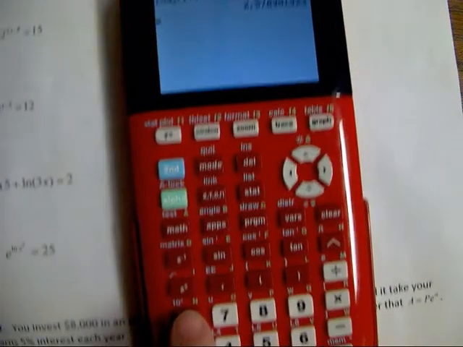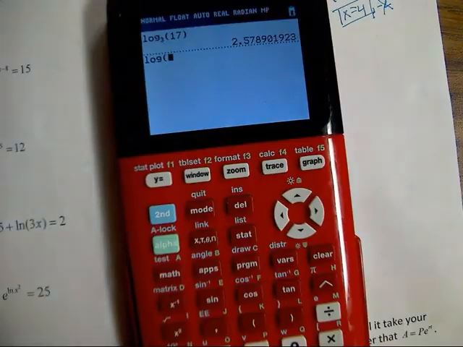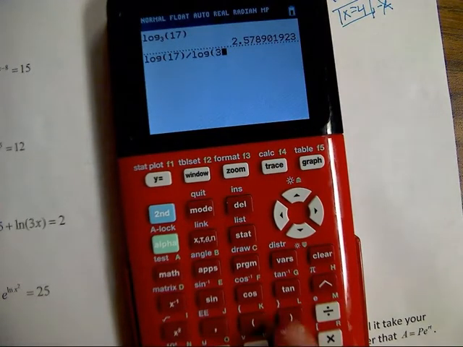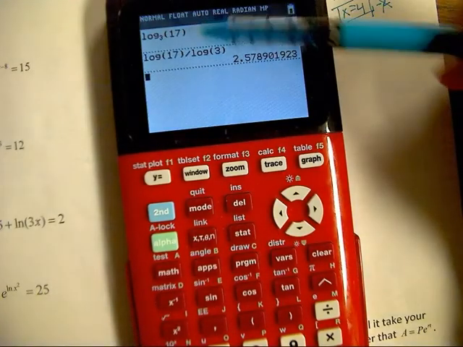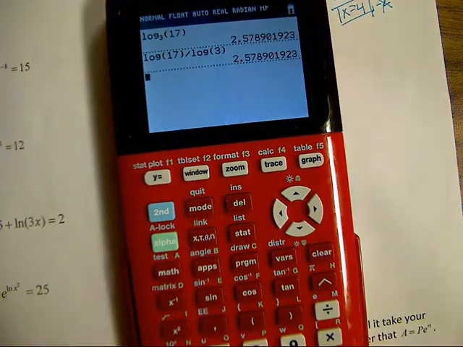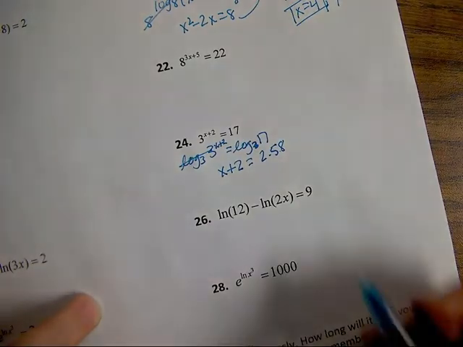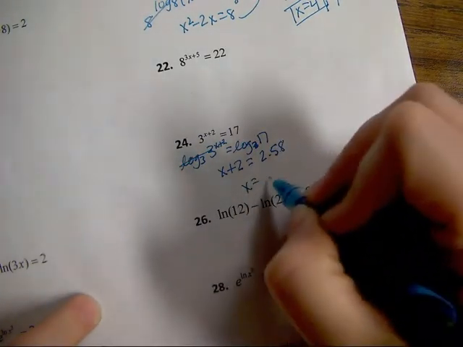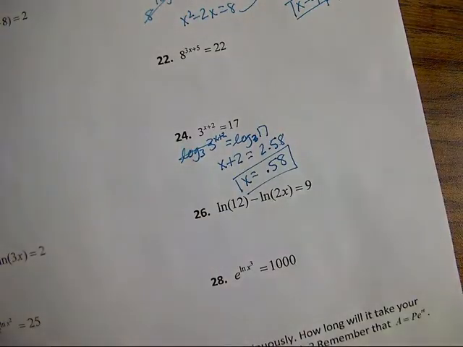You would actually have to push log of 17, and then divide it by log of 3, and you'll get the same thing. So if you're not able to do this in your calculator, you can do it this way. We still get 2.58. And then our last step is to subtract 2, so we get just 0.58 as our answer.